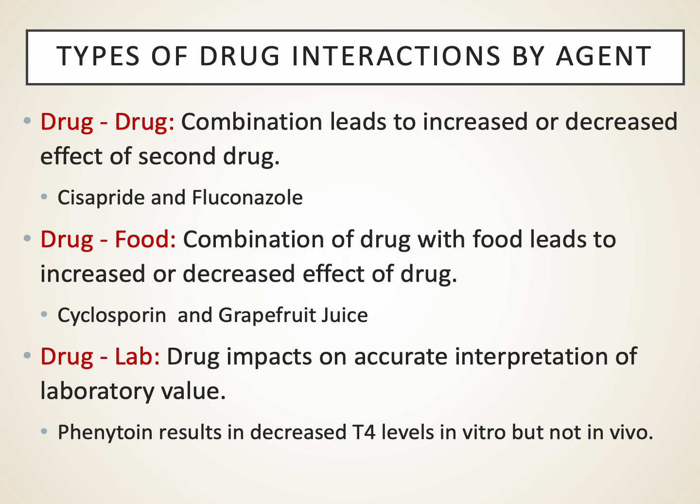The most classic example of this, I can think of at least, would be that somebody has a poppy seed bagel, but the poppy seeds trigger a positive urine test for opioids. So sometimes the lab tests are interfered with, or interpretation of that test is interfered with by a drug that's on board, or a food or something like that.